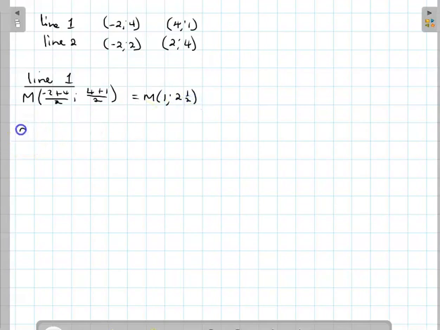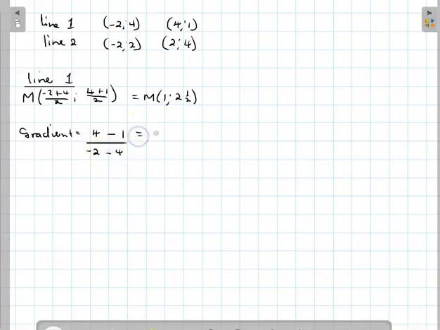And then the gradient of line 1. We start with the y's, so I'll start with the first point. That will be 4 minus 1 over negative 2 minus 4.